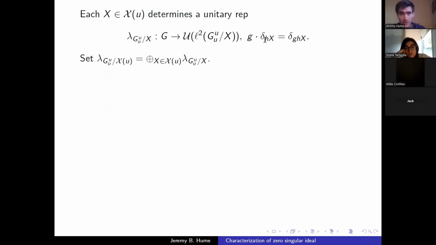So the standard basis elements of L2 of the coset space are denoted like this. For each coset, you get a basis element, and then the isotropy group just translates the standard basis. So that's a unitary representation, and we'll consider the direct sum of all these quasi-regular representations, and we'll denote it like this.